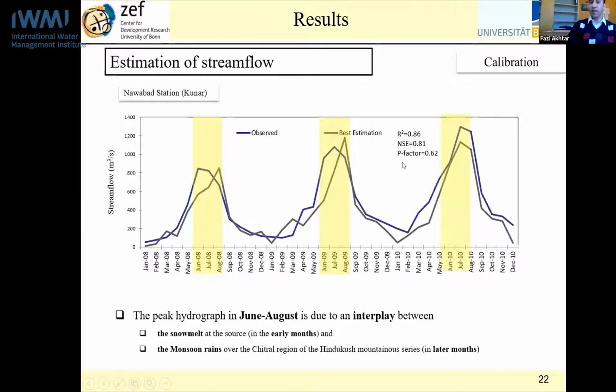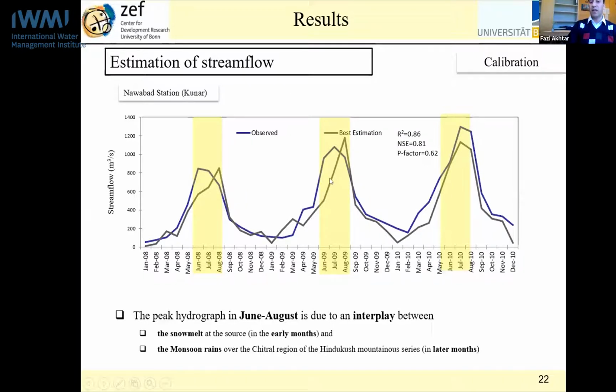The P factor yielded under our simulations was 62%, which means 62% of the observed data was bracketed by the simulations. So that's really, for such a diverse river basin, a good result. As a sample, we only took the Nawabad station, for example. The rest of the stations will be put in summary.